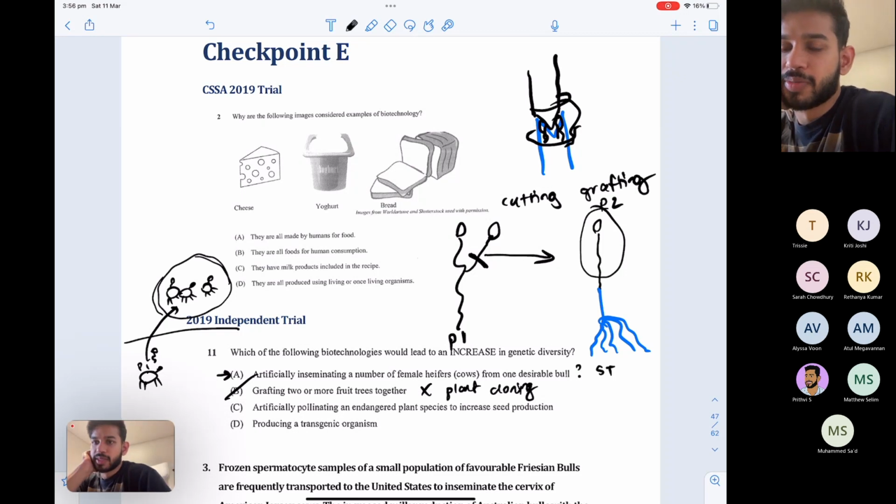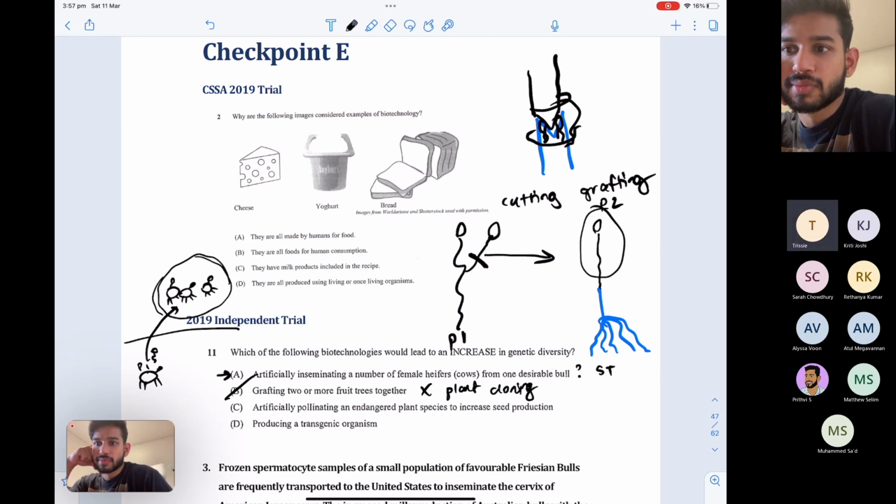What do you think about this option? Let's go to Tracy. What do you think about C? I think not right because it's still the same seed, which won't really introduce genetic variation.